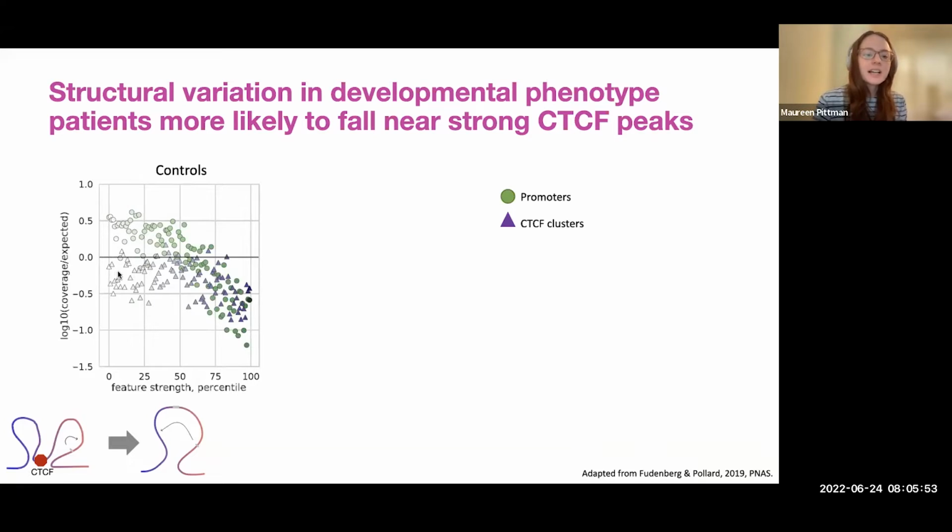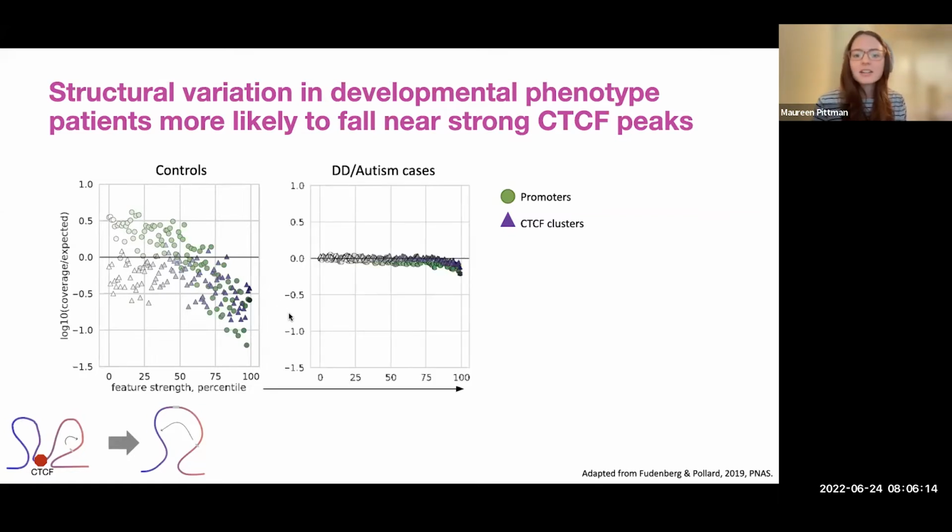And what we see is a broad scale depletion of structural variation around CTCF clusters in these control individuals, which implies, which we already knew, of course, that CTCF clusters are conserved. It's an important element to keep the structural integrity of.